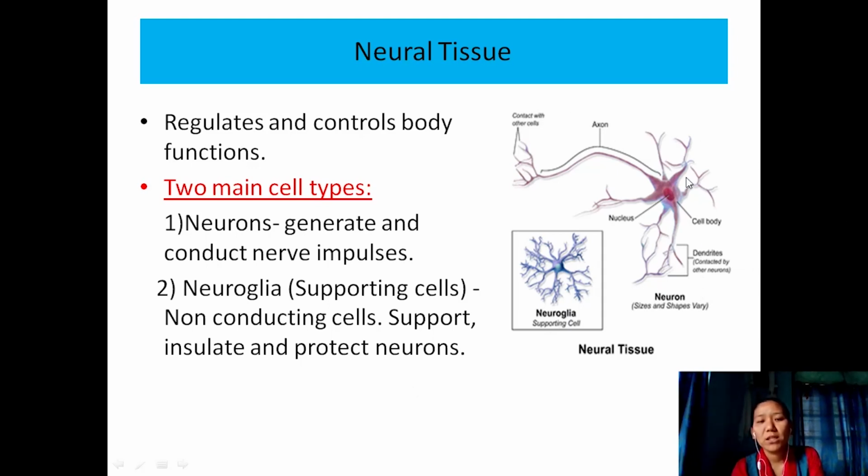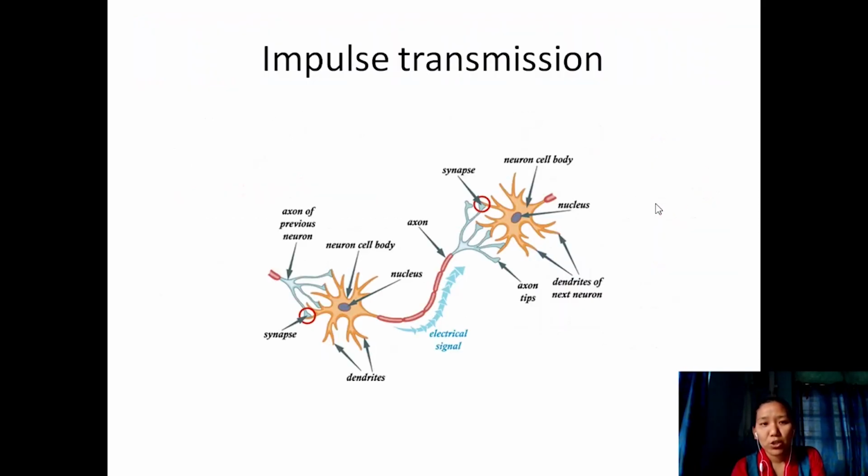Okay, what do they conduct? They conduct the nerve impulse. It carries the information. So here nerve transmission, impulse transmission you can see here. So this is one neuron here, the dendrite will receive the signal.